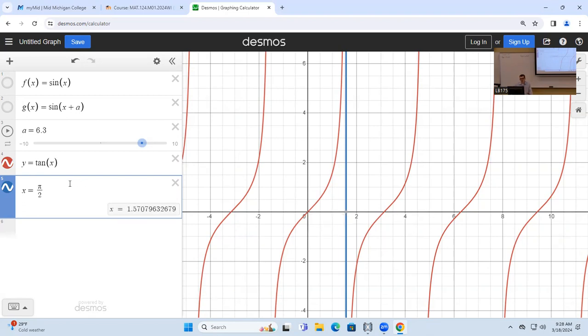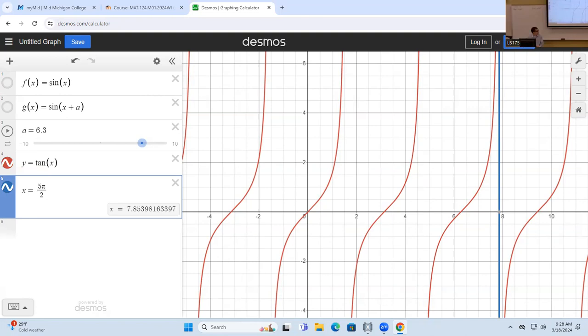And over here, that would be 3 pi over 2. See that? And over here, it would be 5 pi over 2. And so on and so forth. And negative pi over 2 as well. And negative 3 pi over 2 as well.